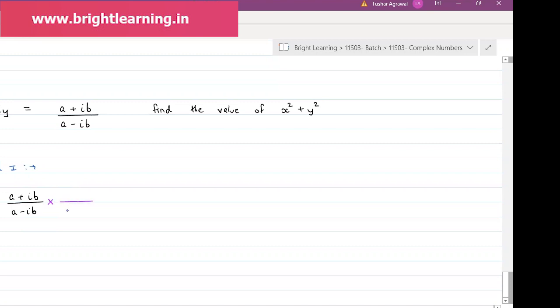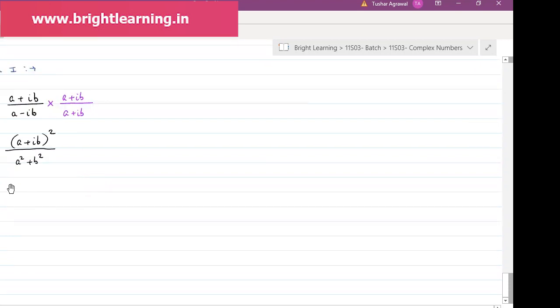So we multiply by a plus ib upon a plus ib. The numerator becomes a plus ib complete square, and the denominator becomes a square plus b square. Now for the numerator, the identity for p plus q complete square is also valid for complex numbers, as we studied yesterday.